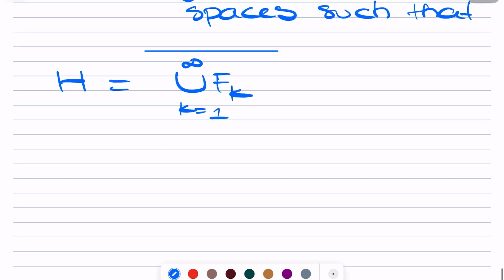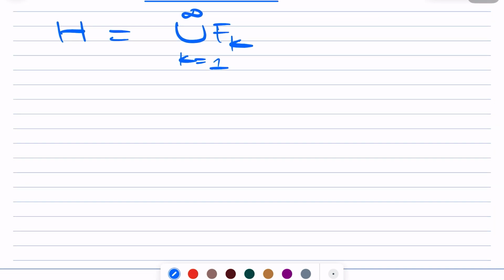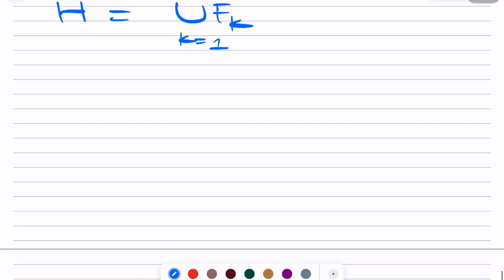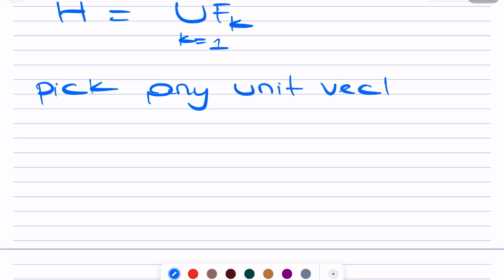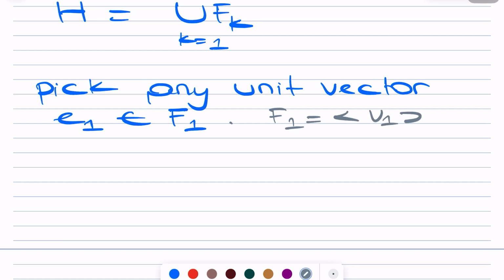Now, to construct our orthonormal basis, we will pick any unit vector, let's call it e_1, in F_1. This is possible because F_1 is the span of v_1, and v_1 is different from 0.